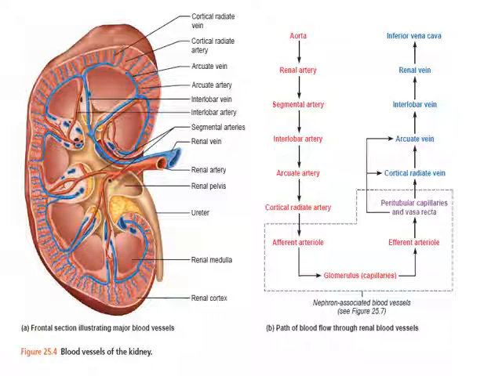From these, there are multiple afferent arterioles passing into each glomerulus, which is an important part of the nephron, the basic unit of the kidney. The afferent arterioles pass into the glomerular capillary tuft.